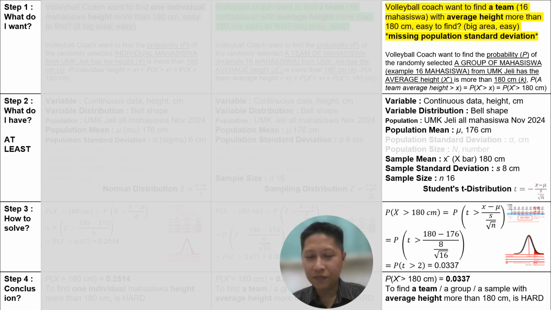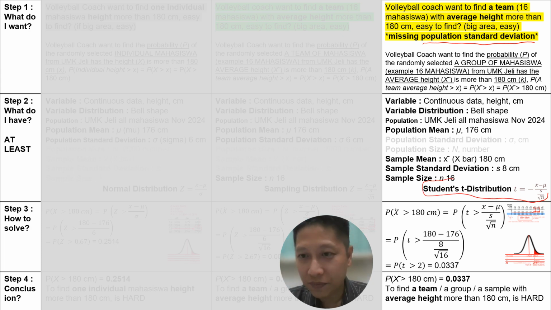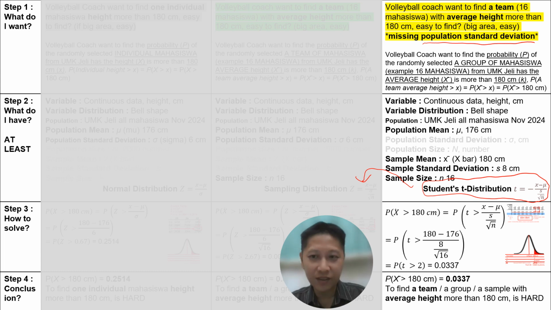Case number 3. Case number 3 is the same as the green color case number 2 just now, except that we don't have the population standard deviation. In this case, we're going to use the student t-distribution formula. When we look at this formula, it's quite similar to the sampling distribution formula, except that now we're going to replace the population standard deviation with the sample standard deviation.